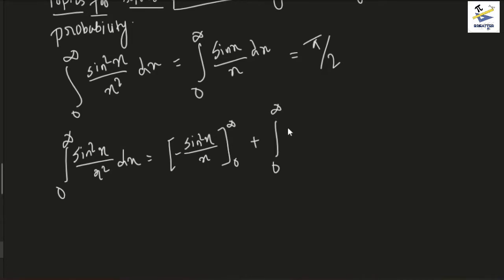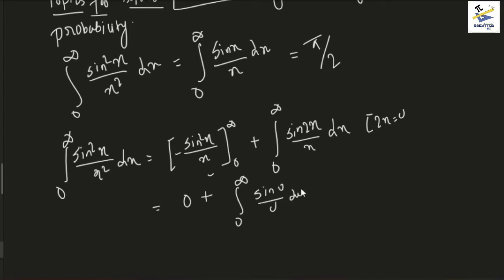The differentiation of sine squared x is 2 sin x cos x, which is sine 2x, and this is by x, and the minus with the another minus here would make it a plus, and this will be dx. This limit is 0. I'll let you know why after this, but in this one, if you substitute 2x equals u, it just transforms back into sin u by u du, which is pi by 2, right?